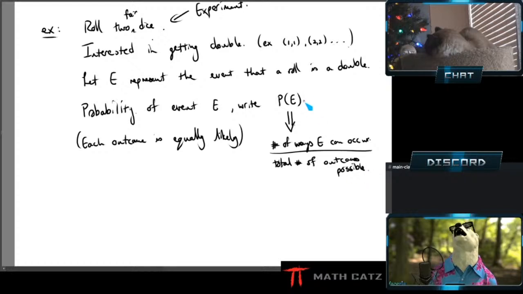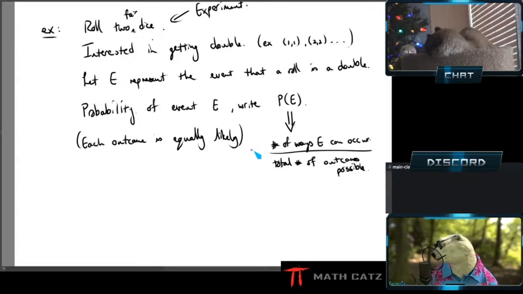So when I talk about a probability, I'm talking about a proportion, a fraction. The number of ways I can get what I'm looking for, rolling a double, versus all possible results.